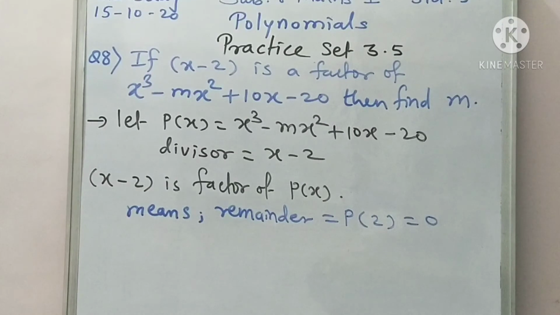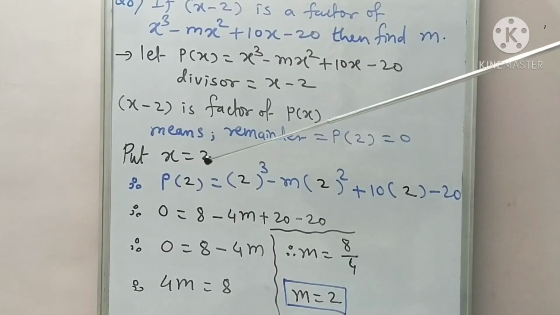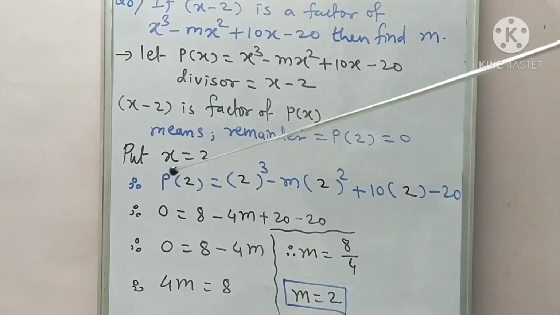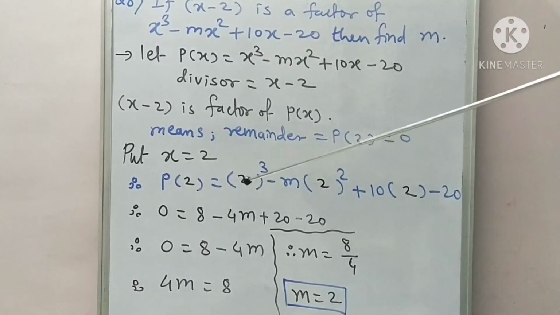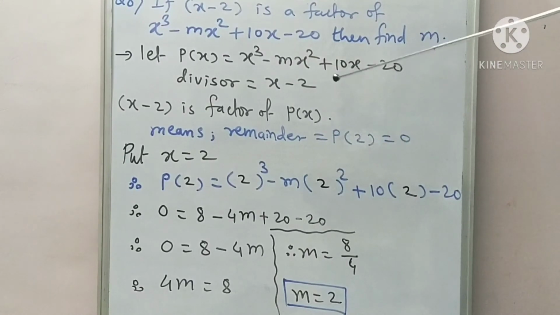Okay, so pay attention over here to how we simplify this. As we put x equal to 2, p of 2 equals what? x cube means cube of 2, minus m x square means m into square of 2, plus 10 into 2, minus 20.